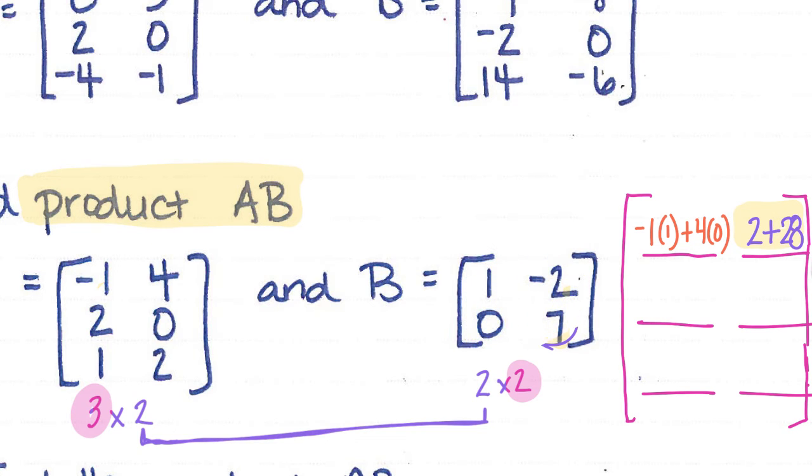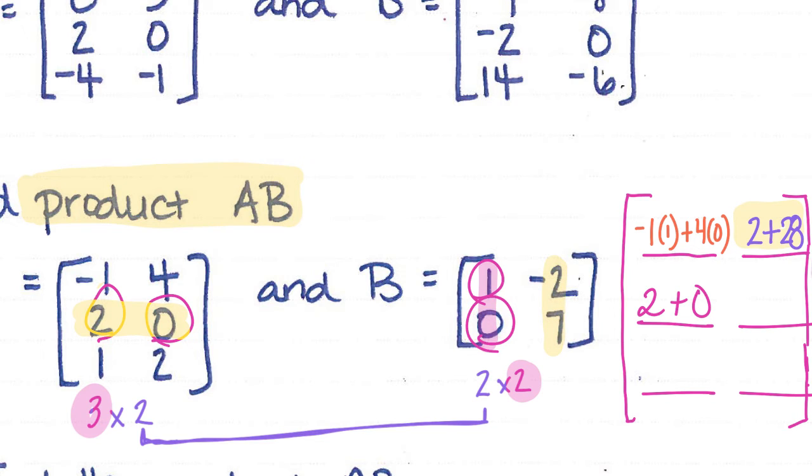So remember, for row 2, column 1, I'm going to use row 2, column 1, and I'm going to multiply. 2 times 1 is 2. And I add that to 0 times 0, which is 0. I love zeros. When we have zeros, it is wonderful. For row 2, column 2, I'm going to use row 2, column 2.